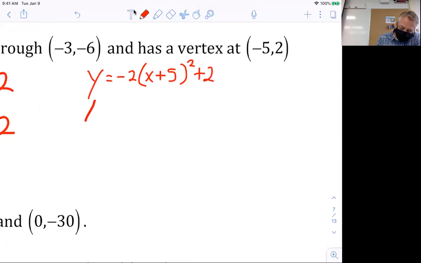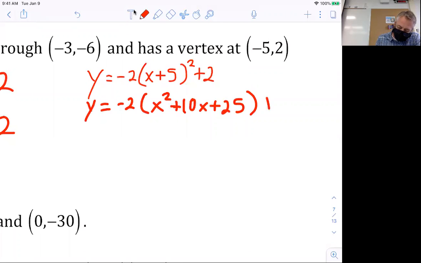So I have y equals negative 2 times the quantity x squared plus 10x plus 25. I expanded that x plus 5 squared. And then plus 2 on the end. I will distribute the negative 2.